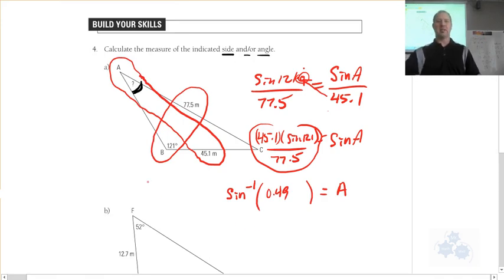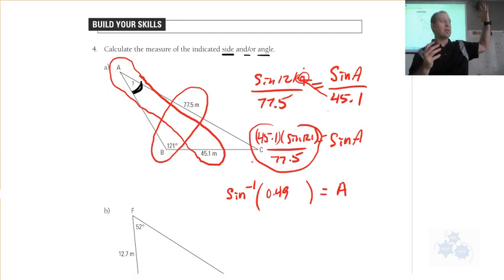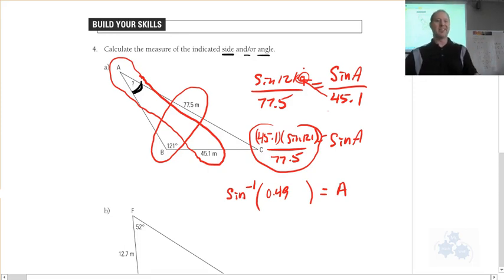This is just an aside, but if the value of sine of some angle is equal to something greater than 1, that's a problem, because sine of any angle between 0 and 90 will be less than 1, always. It'll be between 0 and 1. So if you're taking the second function here, this should be a decimal between 0 and 1, or else your calculator is going to say error. It's not possible to find an angle if you have a sine value more than 1. So then you won't be able to do that.